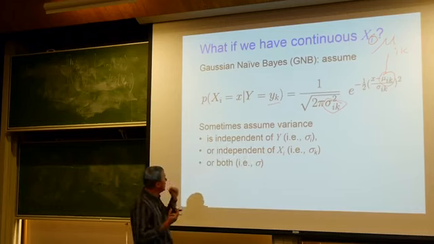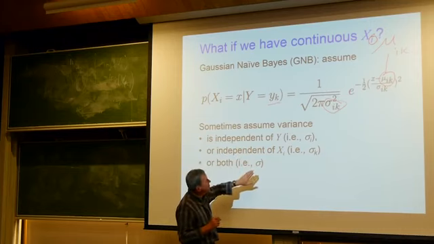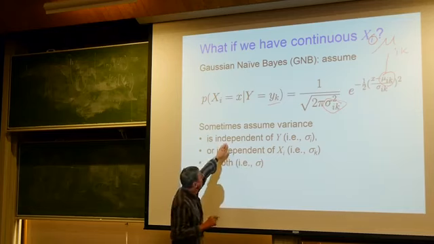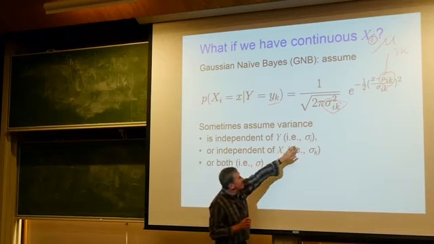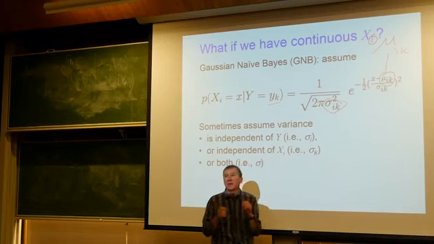Now, it turns out that often in real cases, if data is sparse, people often estimate these sigmas to be independent of the label. You don't have to, but it's one assumption.